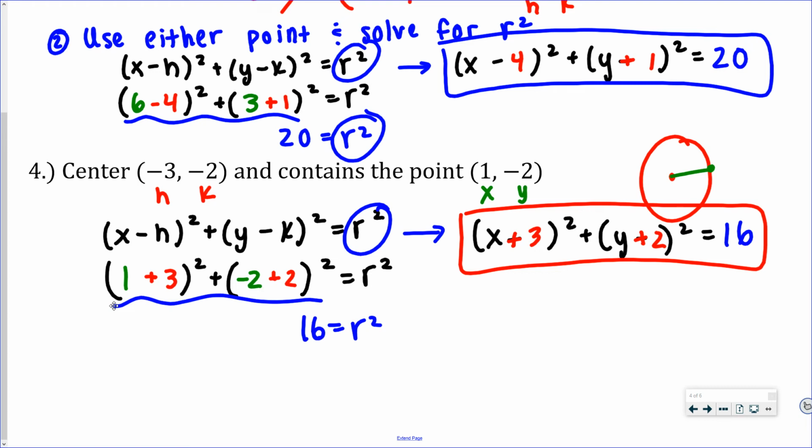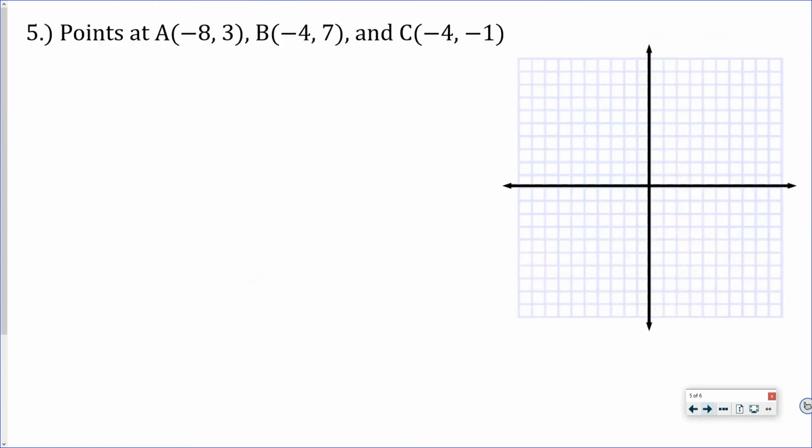Okay. This time, I'm given points on my circle. I'm not given the center. They're not telling me what the radius is, but we can go ahead and plot this circle and see what we have here.